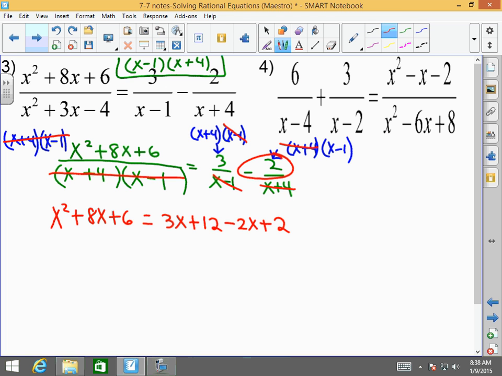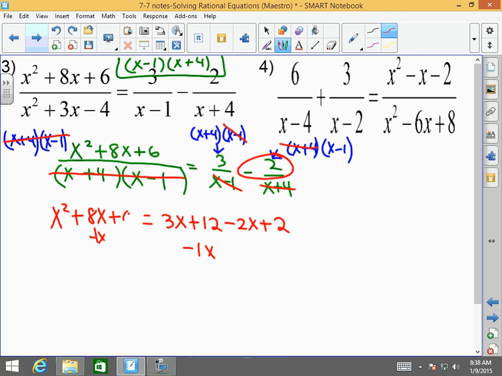Now, I'm going to go ahead and create one trinomial, and I'm going to factor and use the zero product property to solve. All of our skills are coming together here. So 3x and negative 2x is a positive x. So I'm going to subtract 1x to both sides. And 12 plus 2 is 14.